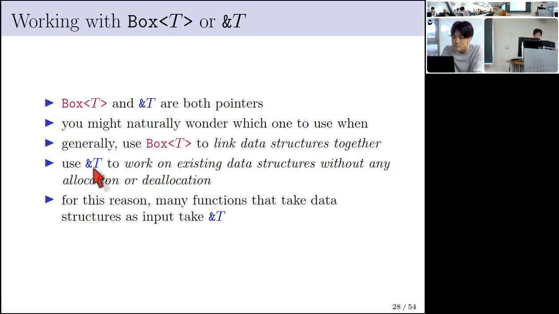And you typically use &T to work on existing data structures without affecting the lifetime of the data itself, so without any allocation or deallocation. For this reason, functions working on existing trees take as input &T rather than Box T.